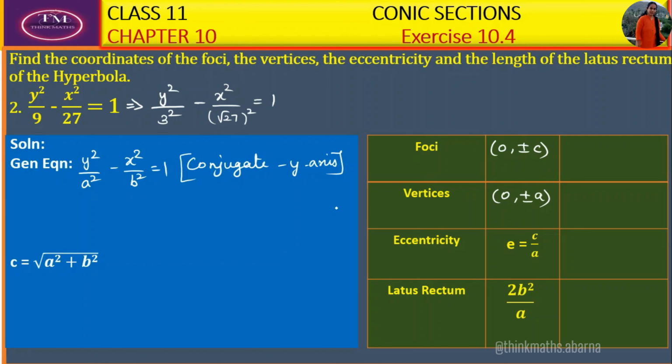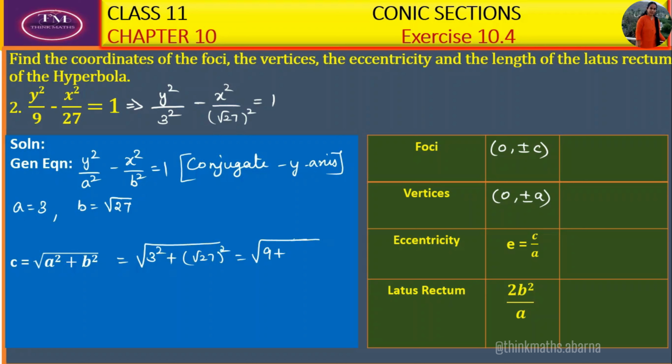Now we have to find a, b, c. So compare the given equation and the general equation. a square is 3 square, so a will be equal to 3. b square is root 27 whole square, so b will be equal to root 27. Okay. Now we have to find c. So c is nothing but square root of a square plus b square. So a square is 3 square, which is 9, plus root 27 to the power 2.